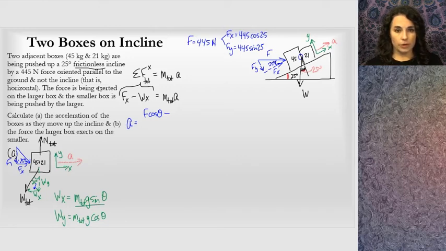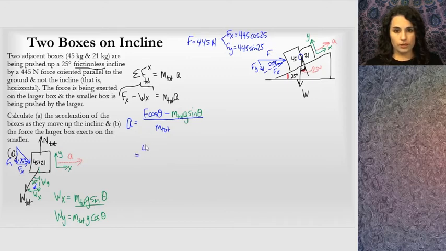So then when I bring it up here, I will have m total times g sine theta for the x component. And then I can divide, because I'm solving for acceleration, I'll divide by m total. And we can do this.